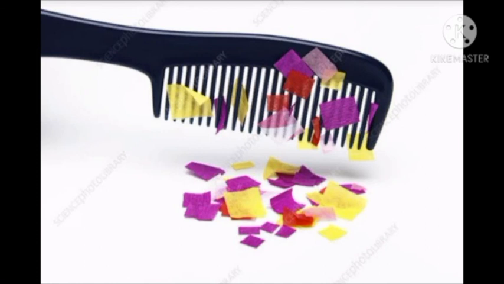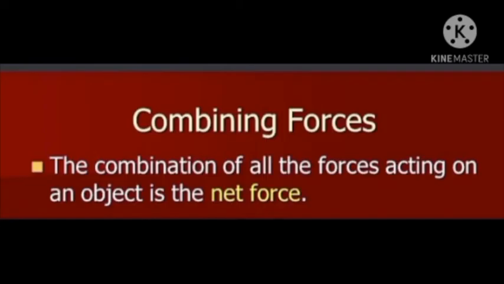Moving on, next we have combined force. Now while an action is taking place, various types of forces act on the object in question. Now you might have seen a roller coaster or the juggling of a sailboat on the seashore. So what do all these examples indicate? That a variety of forces act together in these cases.